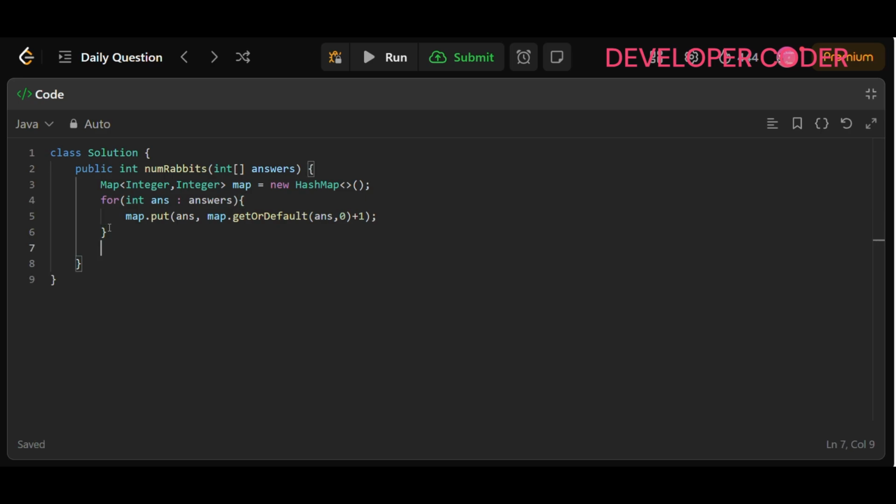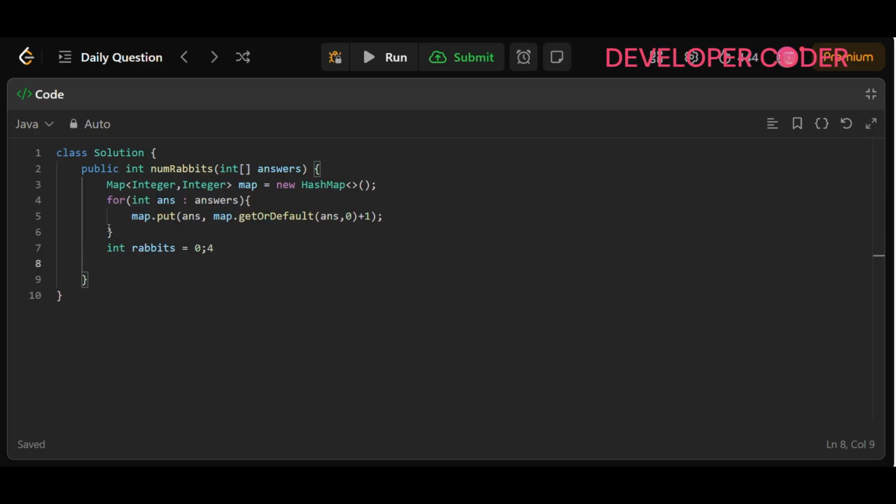That's it. Now after that, just start counting the rabbits. So int rabbits is equal to 0. Then you have to iterate over all the keys one by one.